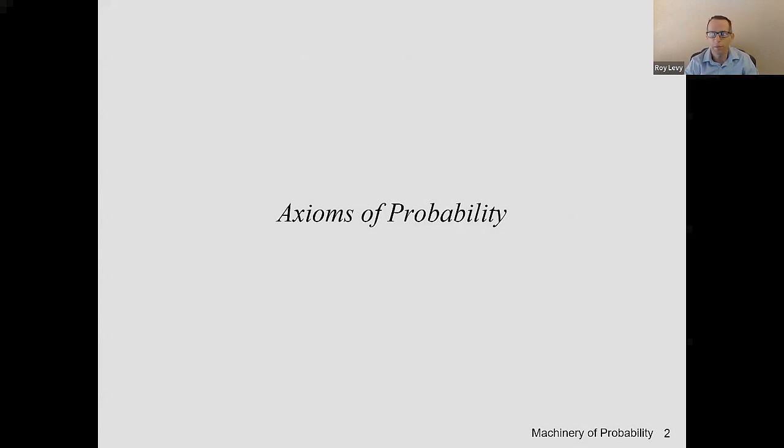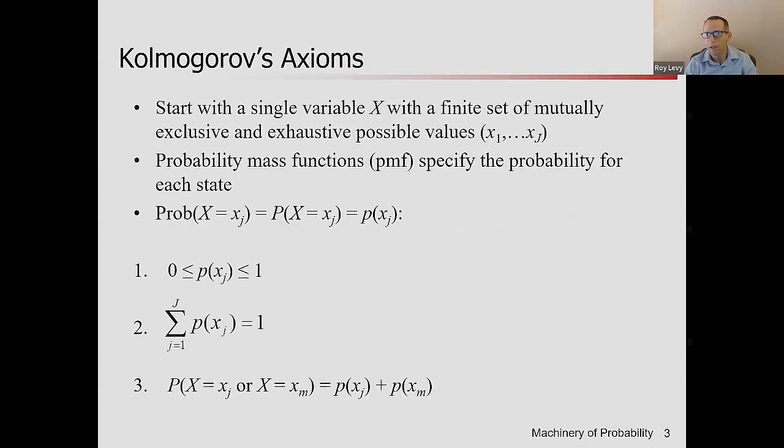Some of the key principles. There are different ways to formulate probability theory. Here's a pretty common one. We're going to start with one variable x that is discrete in the sense that it can take on a finite set of mutually exclusive and exhaustive possible values, x1, x2, x3, up to however many categories or possible values we have.